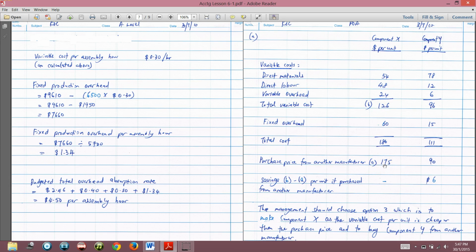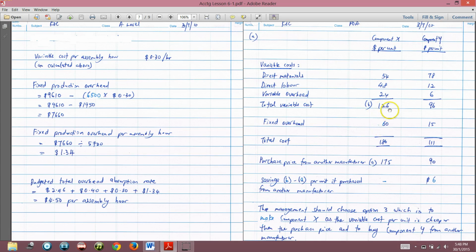If it's purchased, the purchase price is higher, so you won't save anything for X if you purchase. So for X, I advise we should make it, because your variable cost is less. The fixed overhead is irrelevant because we have to incur the fixed overhead even if we don't produce anything at all.